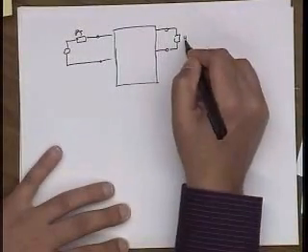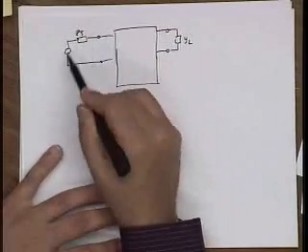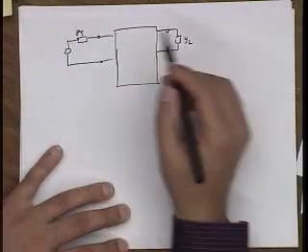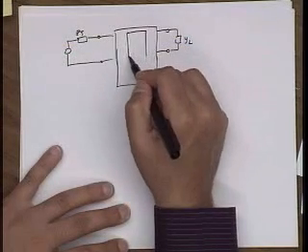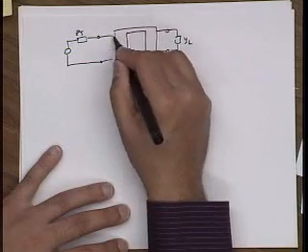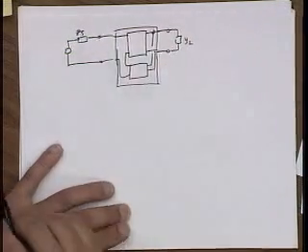And let's connect a YL. Again, I'm anticipating that there are impedances on the input, admittances on the output. And then inside here I have my two ports.